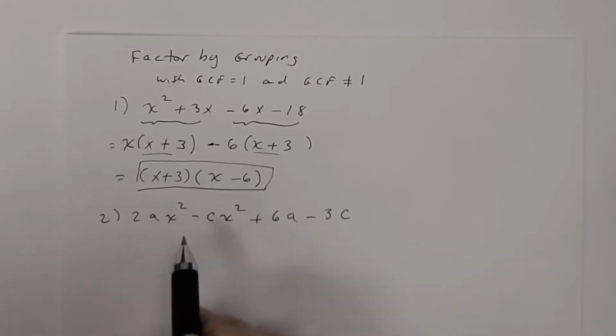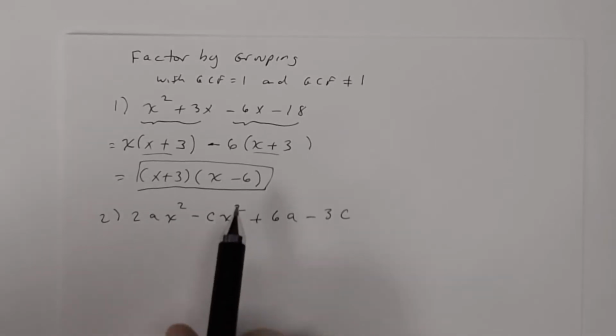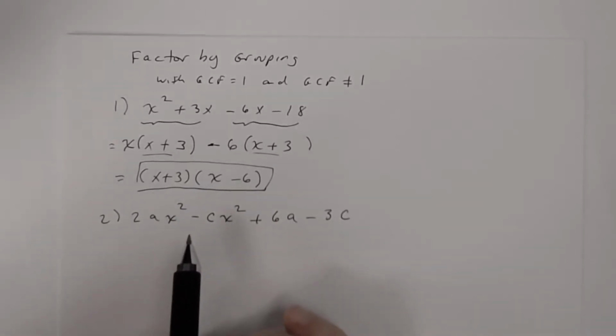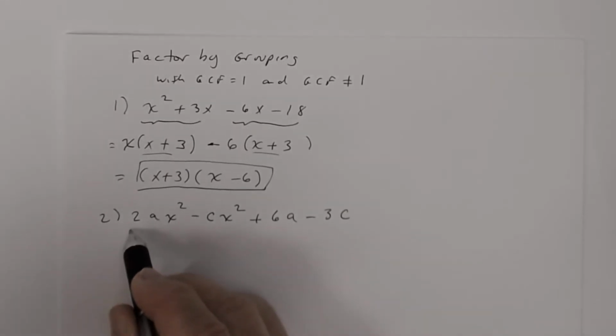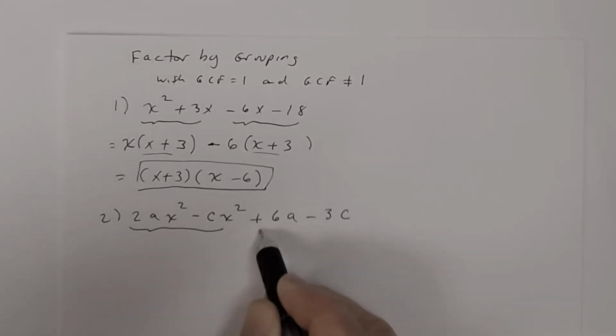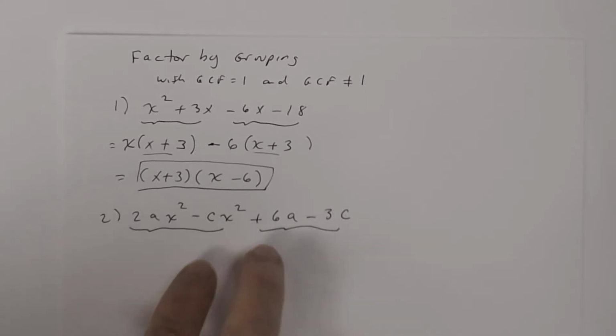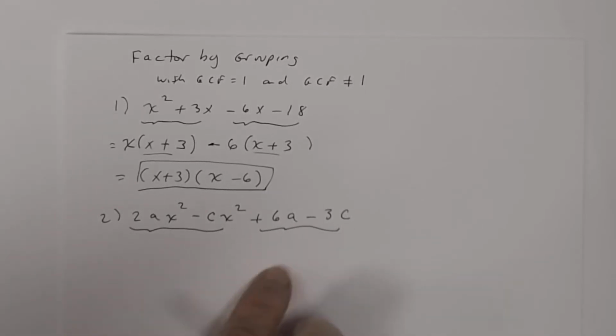When you have 4 terms, you want to try to factor by grouping. Always try grouping the first 2 and the last 2 first. If that doesn't work, you're going to have to rearrange some terms. And if that still doesn't work, then that means this could not be factored.